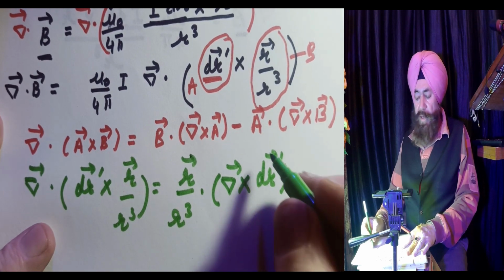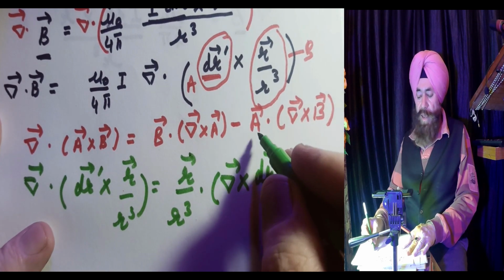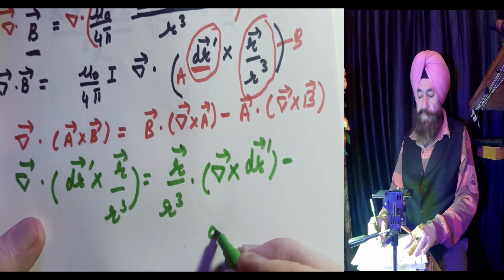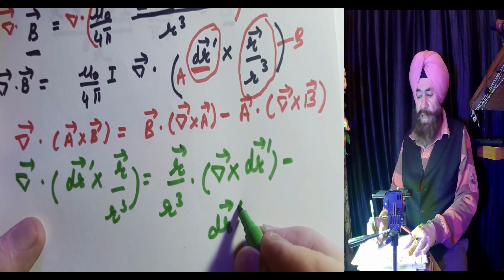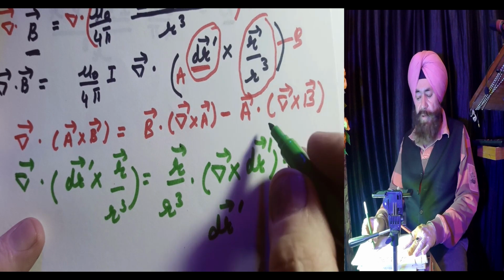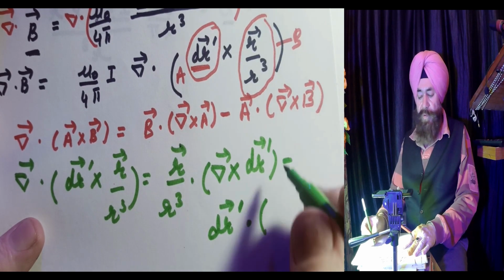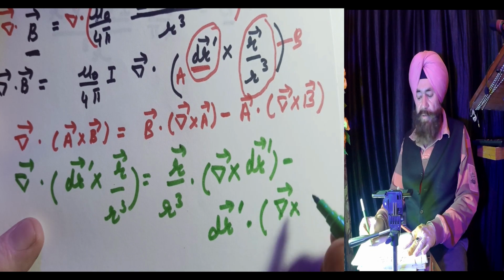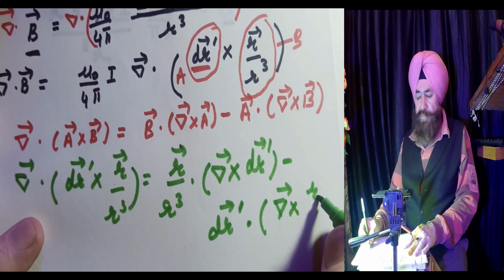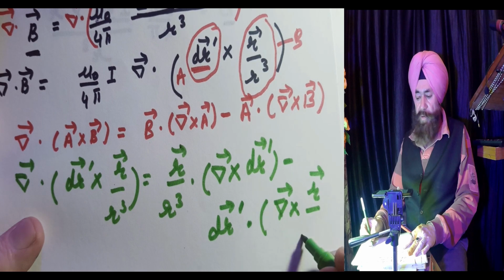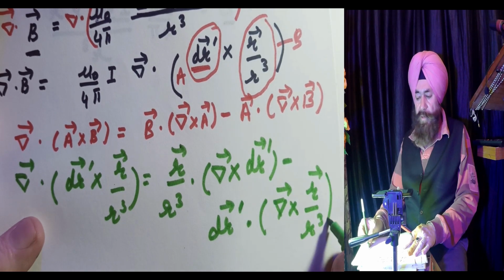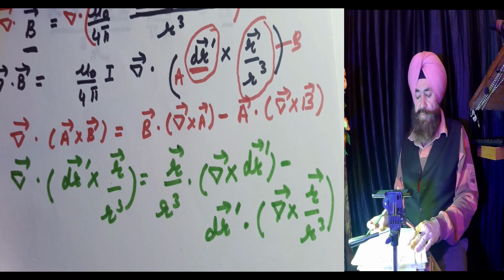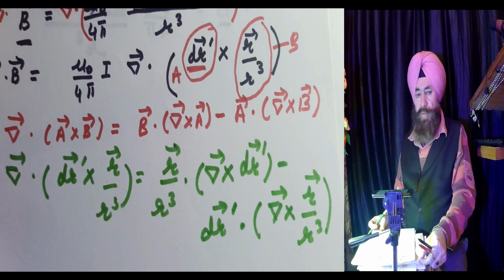Okay, then minus A. What is A? dr dash. Okay, then dot del cross B. What is B? B is r vector upon r cube. Okay.